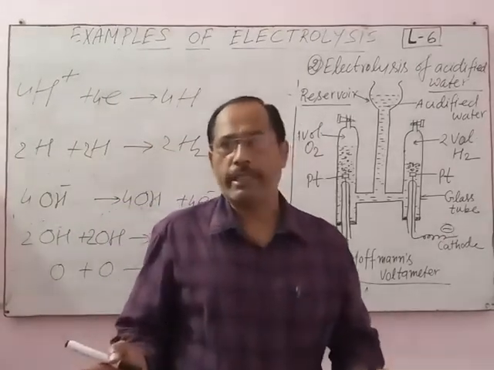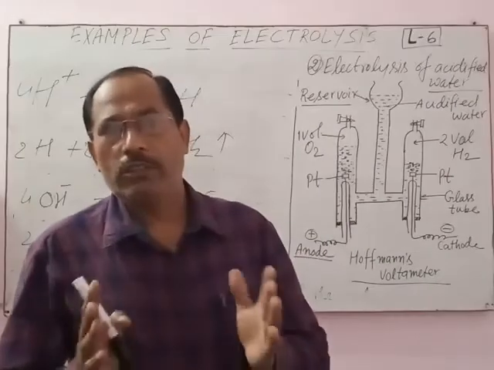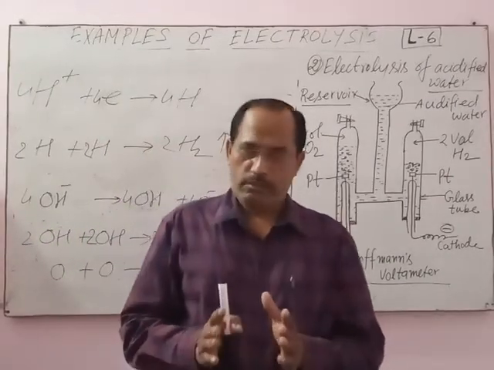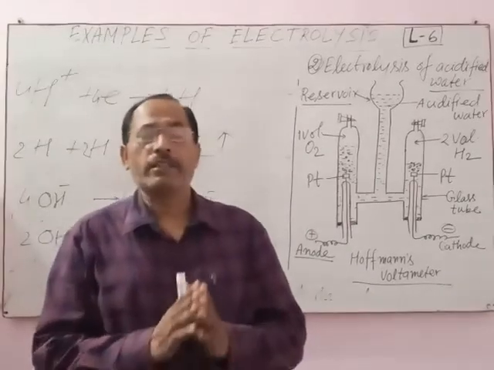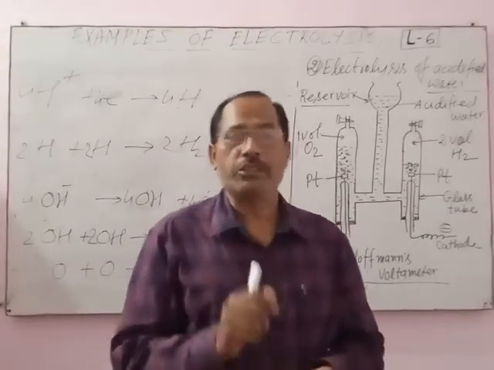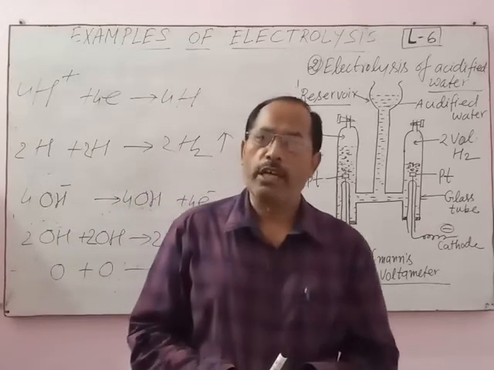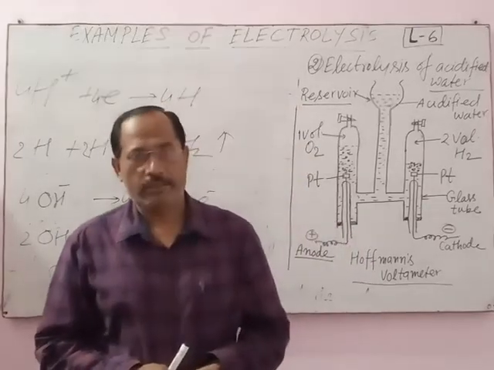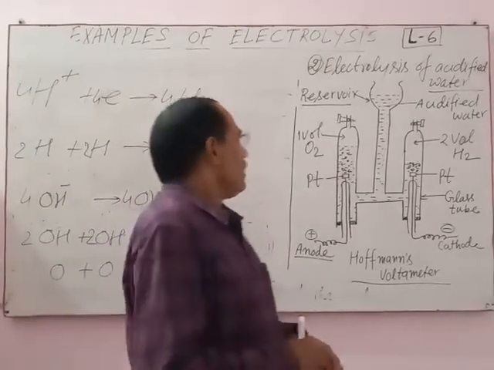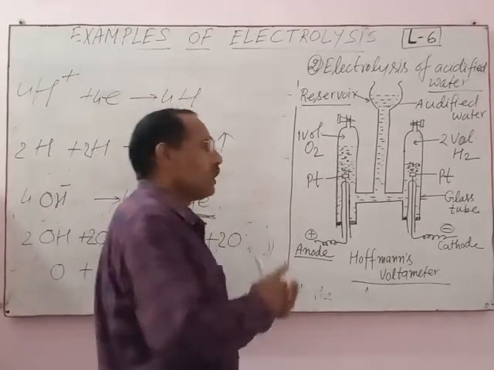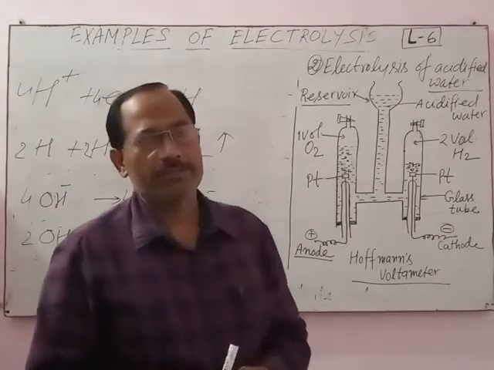What do you mean by spectator ions? Those ions which remain unaffected, meaning undischarged, either at the cathode or anode, are known as spectator ions. What are the products of electrolysis of acidified water?